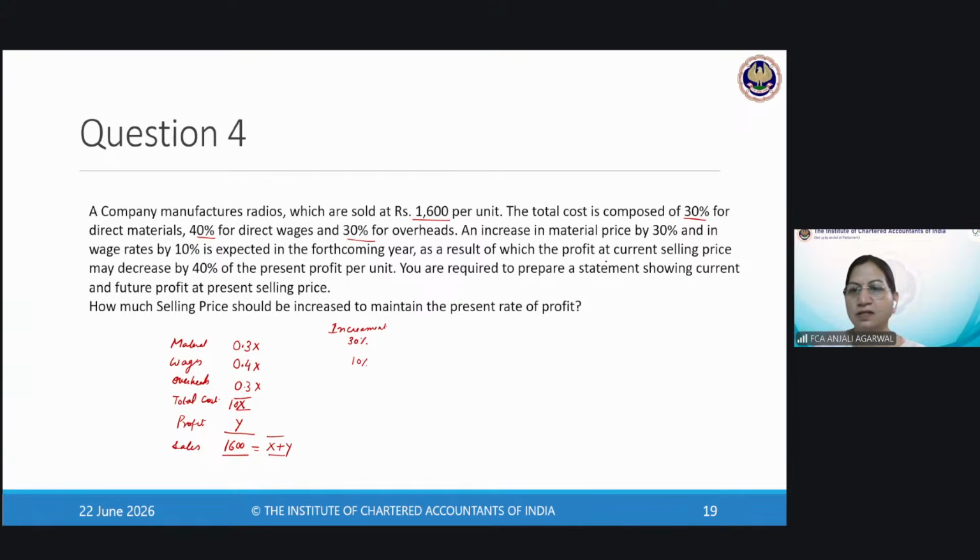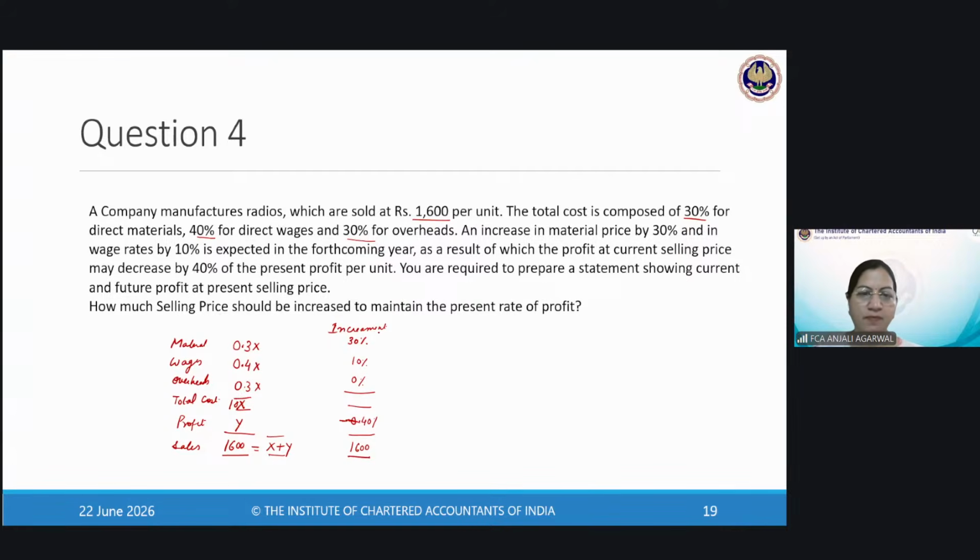And as a result, the profit at current selling price may decrease by 40%. So it's not saying anything about overheads. So we assume 0% increase in overheads. So there will be some new cost and there is a profit reduction by 40% if we keep the sales price constant at 1600.